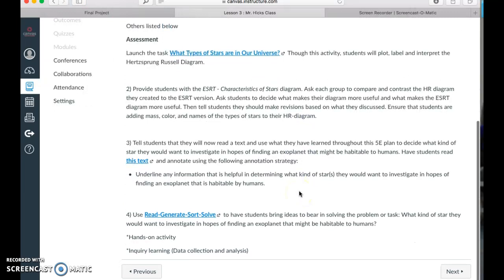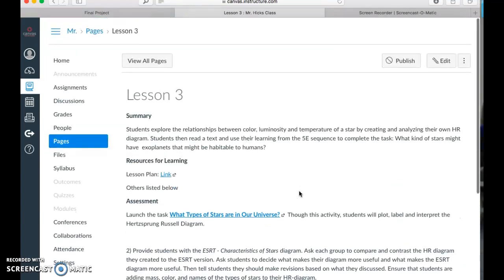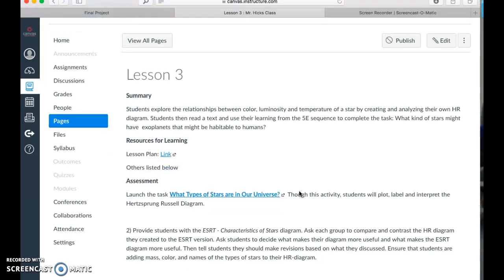Third lesson, I used a hands-on activity and inquiry-based learning, including data collection and analysis. And for this lesson, the students explore the relationships between color, luminosity, and temperature of a star using the Hertzsprung-Russell diagram.